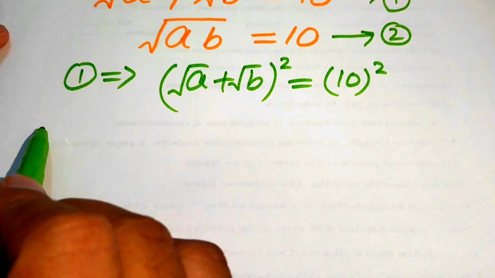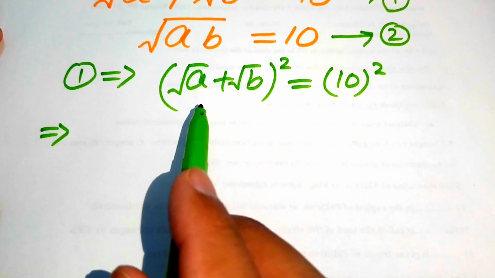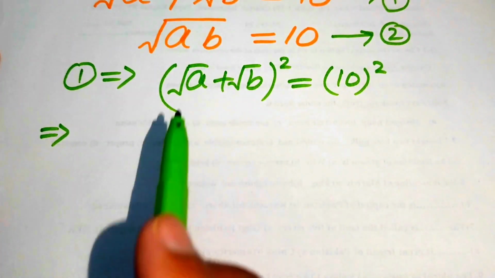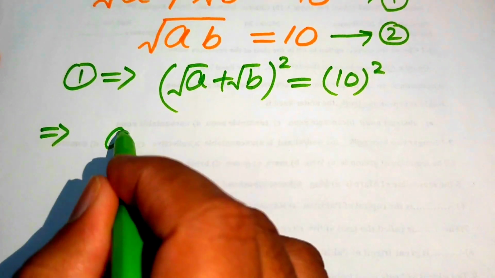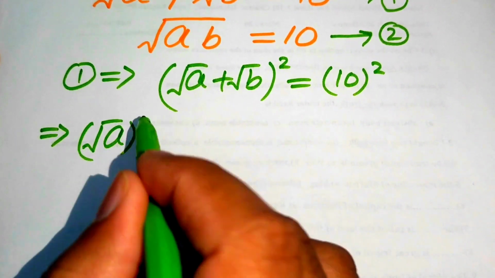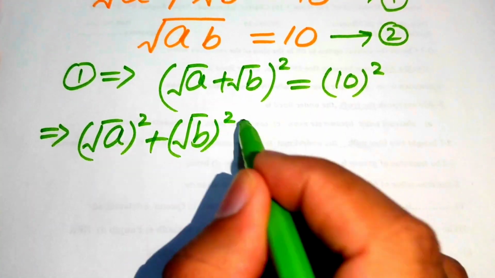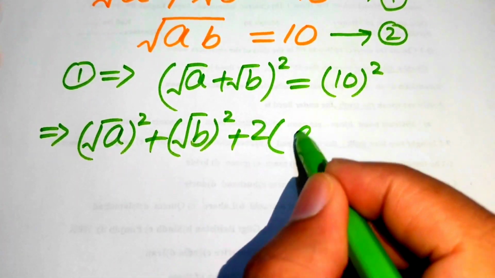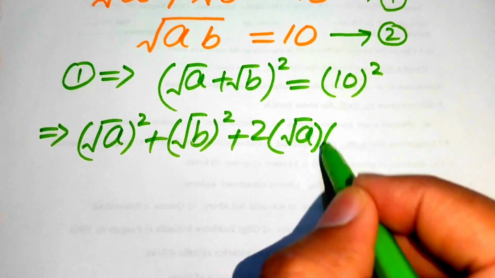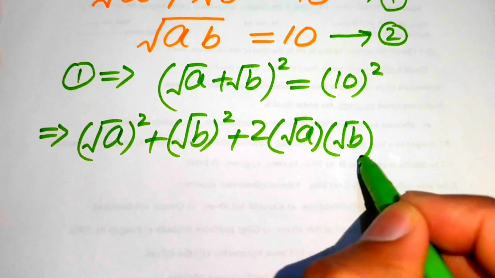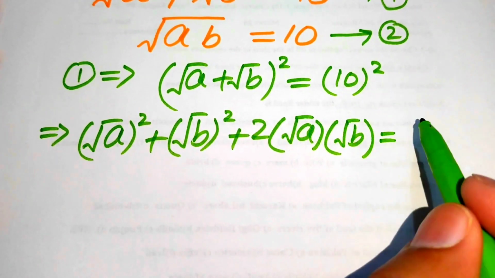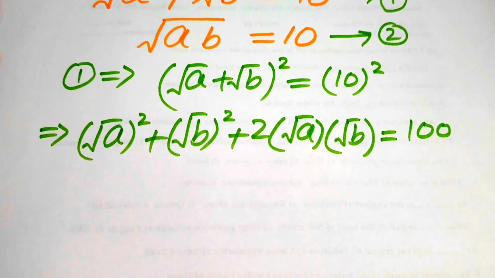After that, we use the nice square identity on the left hand side, and we know that (a plus b) whole square equals a square plus b square plus 2 times a and b, and this equals 10 square, and 10 square equals 100.